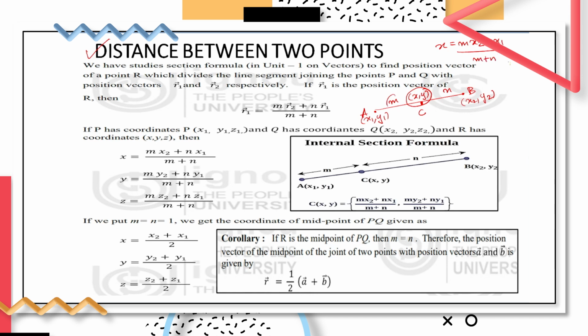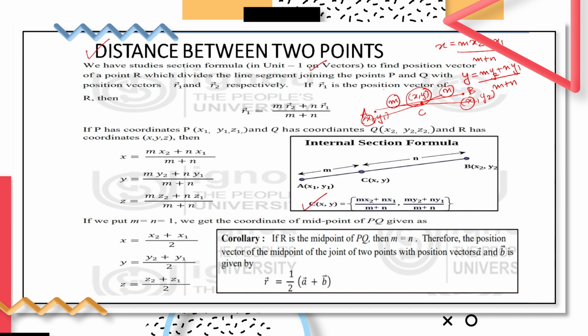That means this is to be multiplied by this component of x, and this is to be multiplied by this component of x, upon m plus n. Similarly, the y component of point C can be found by m times y2 plus n times y1 upon m plus n.